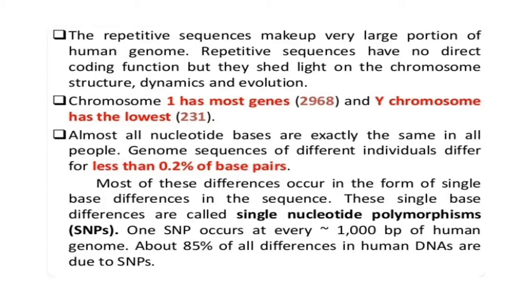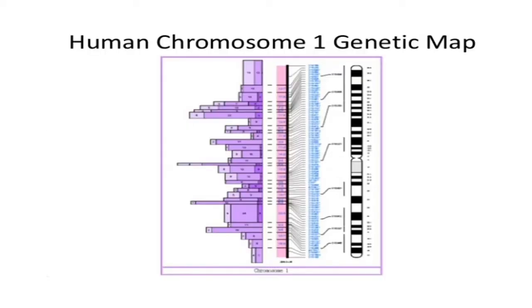About 85% of all differences in human DNAs are due to SNPs. This image shows the human chromosome 1 genetic map. It is hard to understand because we're not experts.